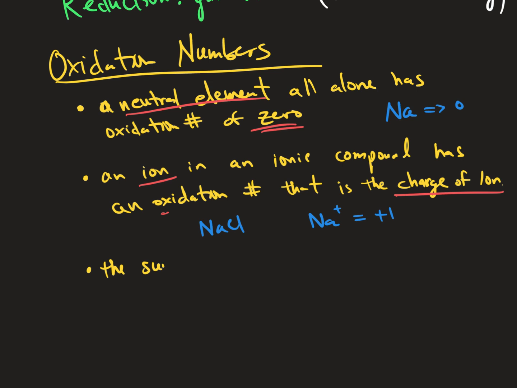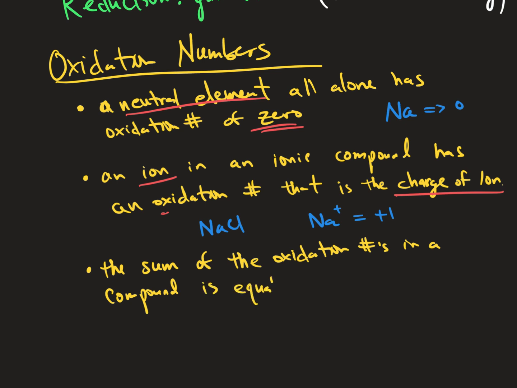The sum of the oxidation numbers in a compound is equal to the charge of that compound.